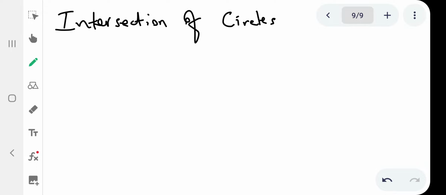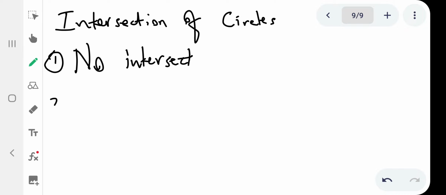Right, so in this video we want to check the scenarios of intersection, or the relationship between two circles on a Cartesian plane. There are three scenarios. Scenario 1: the circles don't intersect, so there is no intersection. Scenario 2: they intersect at one point.